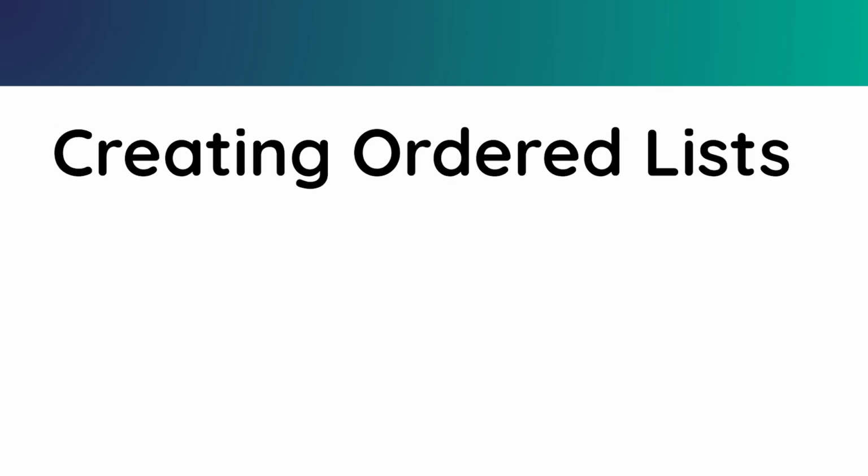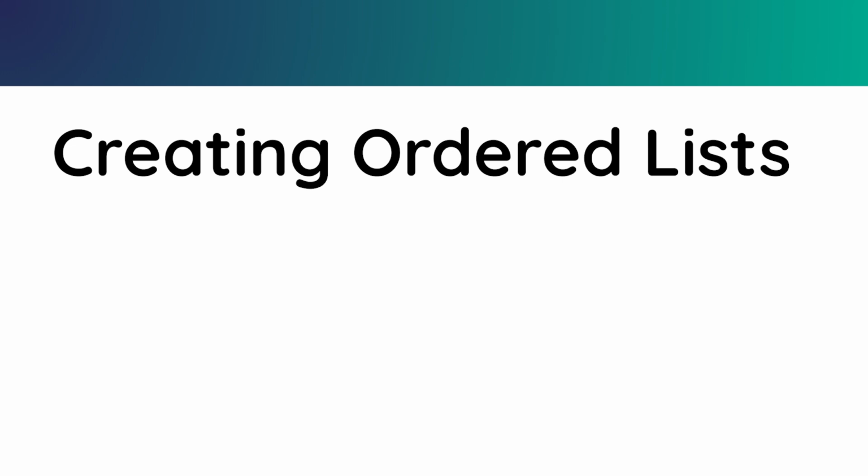In contrast to unordered lists, ordered lists are used when the sequence of items is important. These lists are created using the ol tag, which stands for ordered list. Similar to unordered lists, each item is defined using the li tag. Let's say we want to create a step-by-step recipe.